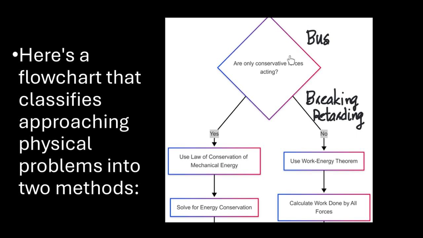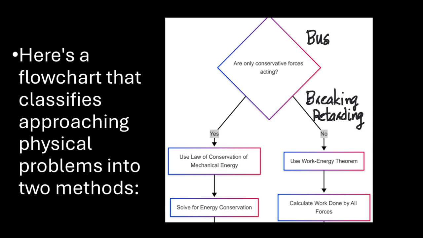If the system under consideration has the presence of conservative forces alone, then we apply the law of conservation of mechanical energy. If there are any forces which are non-conservative in nature, we use the work energy theorem. Braking force or retarding force is one example of a non-conservative force.